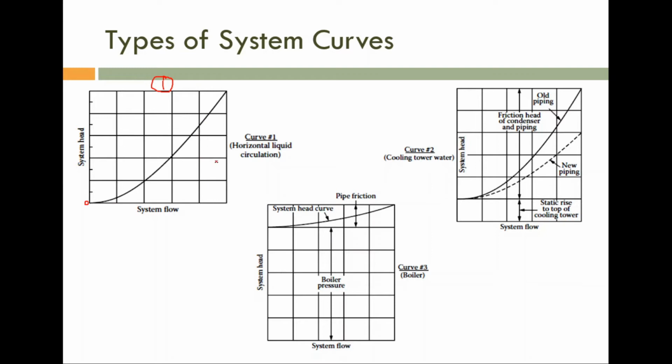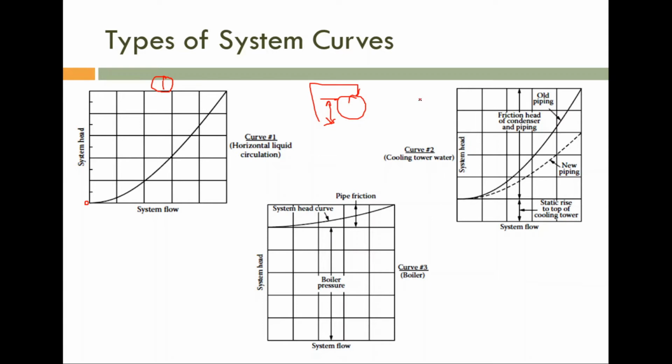Now, if you are transporting liquid into a cooling tower, so if this one is a cooling tower, then we have to transport liquid to this side. So this one is the static pressure difference. Am I correct? So definitely it will have a static friction. It depends upon the location of this cooling tower. Understood?